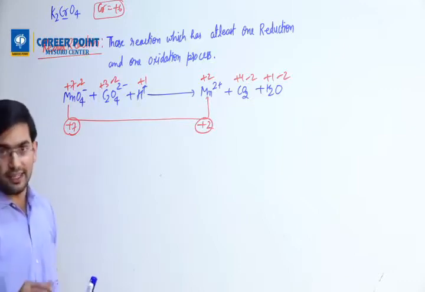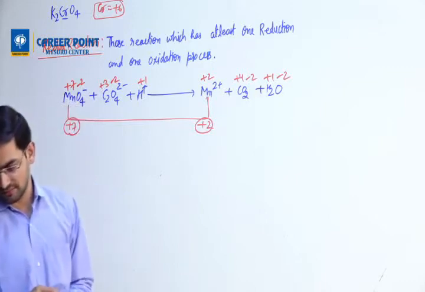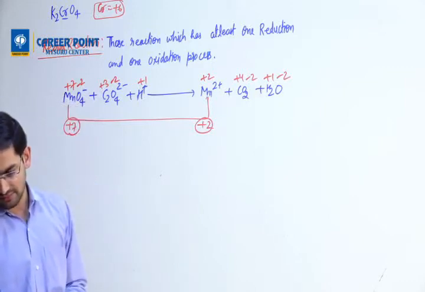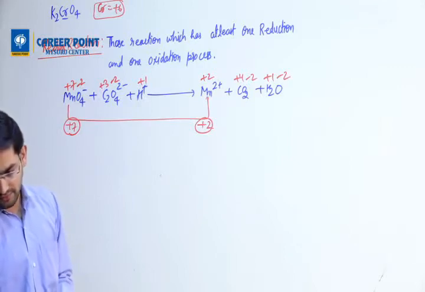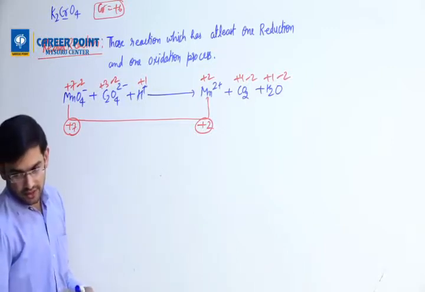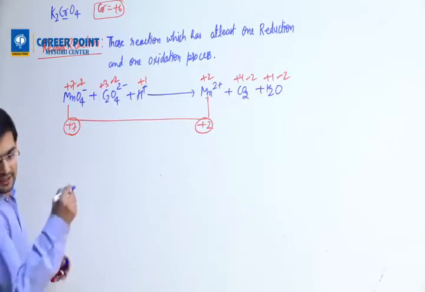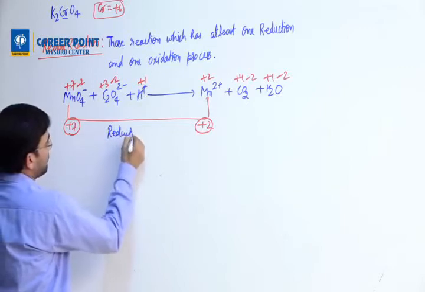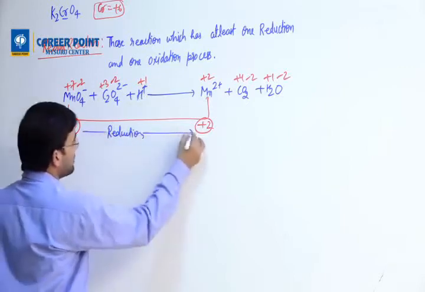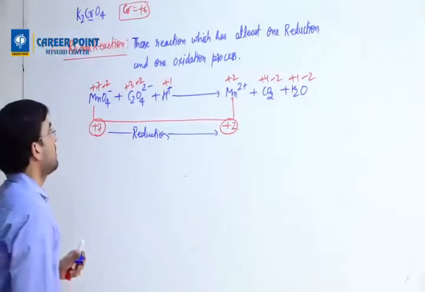If it is decreasing, then which process is it, reduction or oxidation? If the oxidation number decreases, then the answer is reduction. So manganese is undergoing reduction.